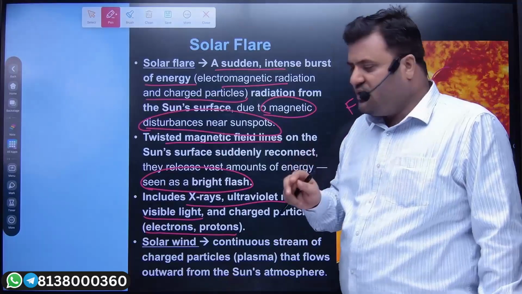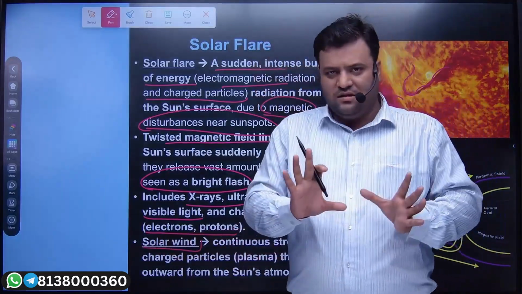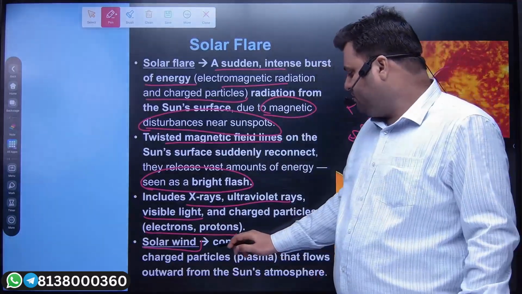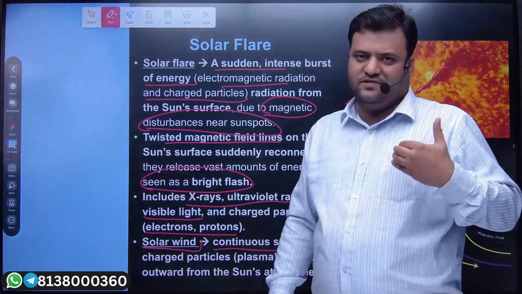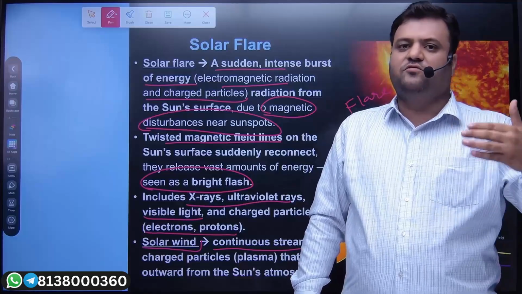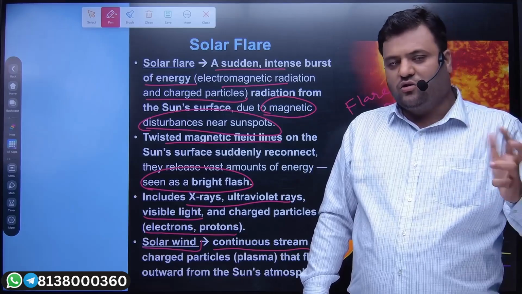Now, you might have heard about one more term, that is solar wind. Solar wind and solar flare are different from each other. Solar wind means what? A continuous stream of charged particles. There is a continuous stream from the sun's surface, usually of charged particles, and that is called solar wind.